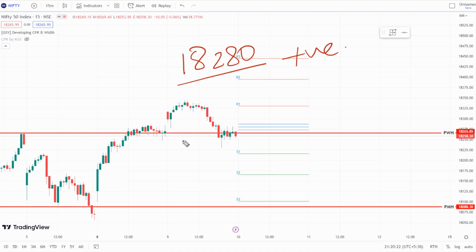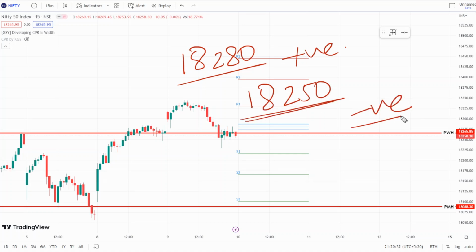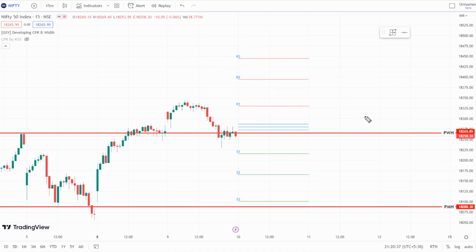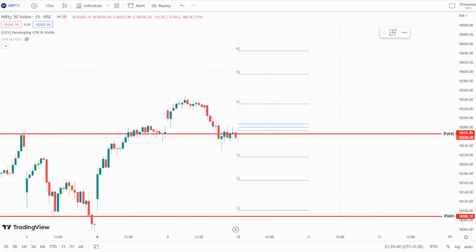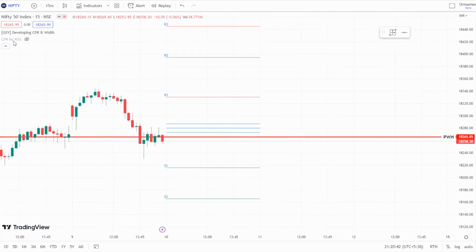But if the candles are sustaining below 18,250, then we can see some negativity in Nifty for tomorrow. But how do we need to play around in Nifty? You need to understand one thing. Same thing with the logics of CPR.